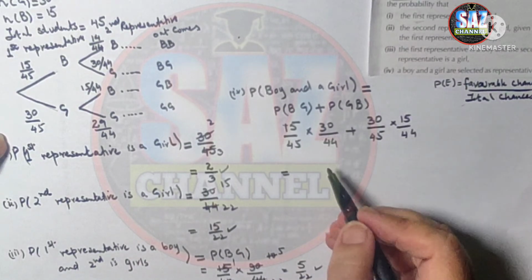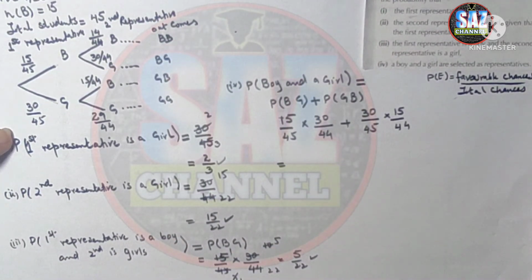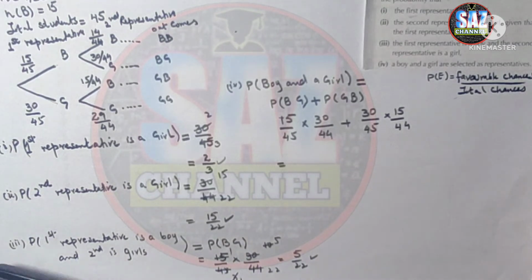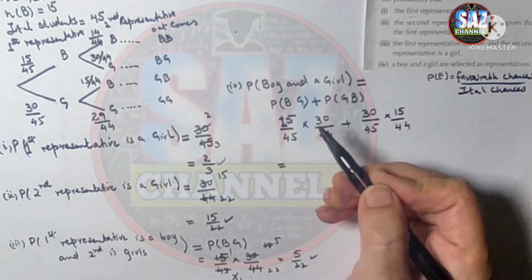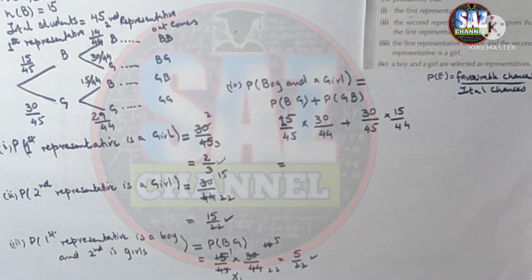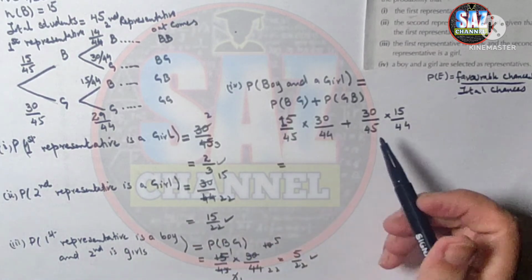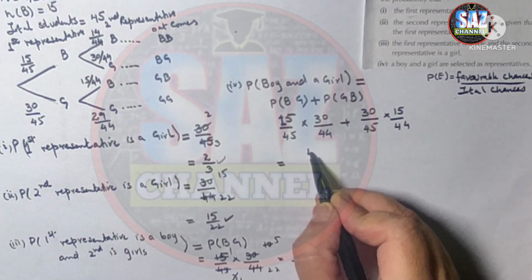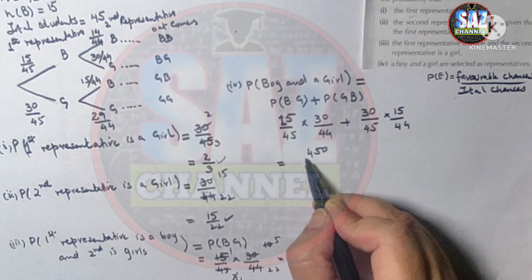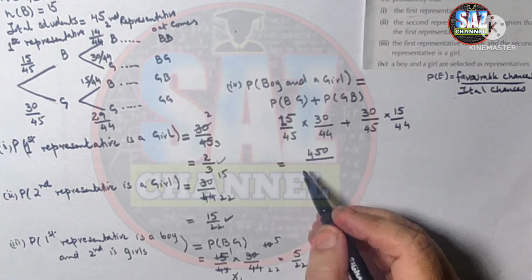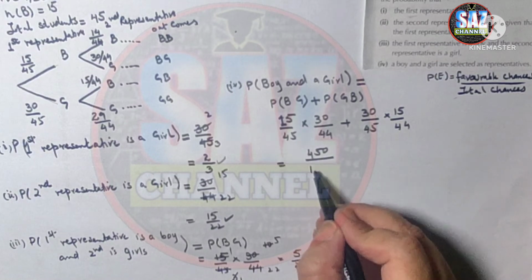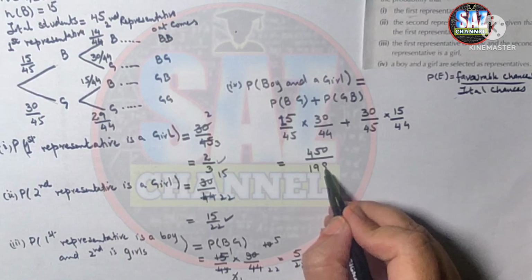Some of the students will do it, better not to disturb the denominator and LCM. 15 multiplied by 30 gives me 450, by 45 multiplied by 44, this is giving me 1980. I'll perform the calculation in both ways.